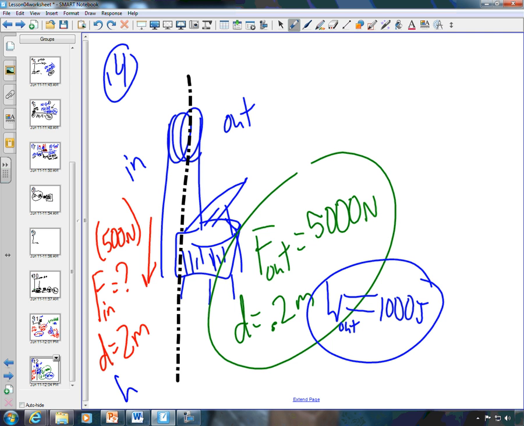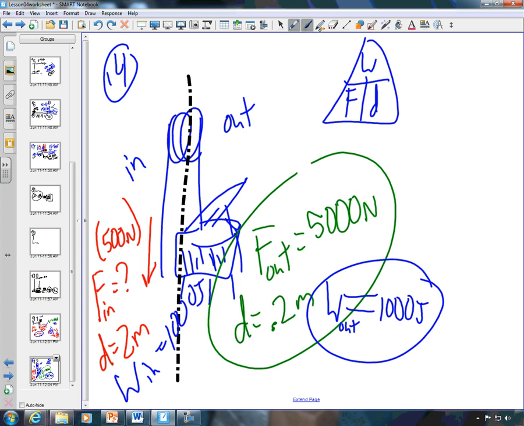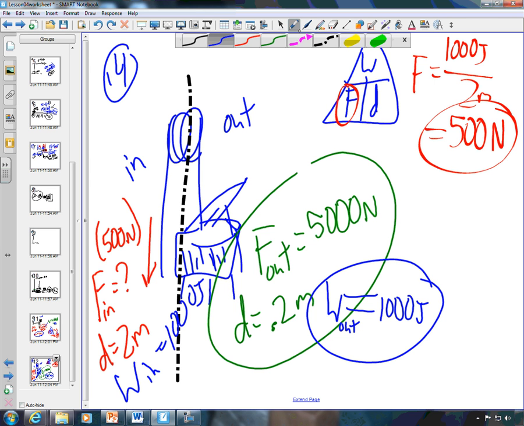So that means the work in has to be 1,000 joules. So again, with our triangle, work, force, displacement, trying to show that force is 500 newtons. Well, 1,000 joules divided by 2 meters is 500 newtons. Yes, proven. And that's that.